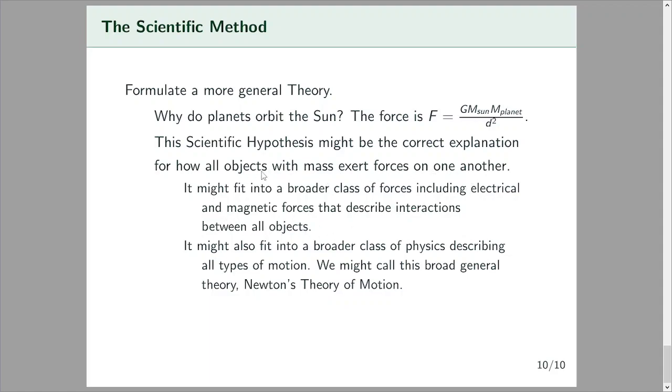You might fit the theory of gravitational forces into a broader collection of theories of all kinds of forces, like electrical forces or magnetic forces, and so on. We also could use this force in the class of physics called Newton's theory of motion, which also includes Newton's 3 laws of motion.